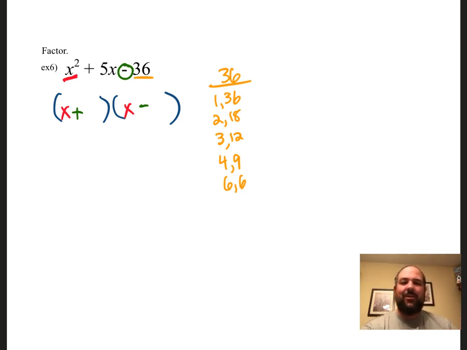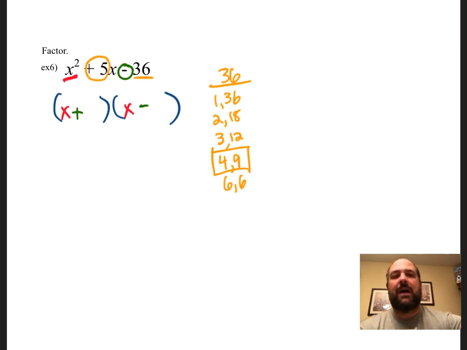The key here is we know they're going to be different signs, and when we basically subtract them, the positive minus the other one, we should end up with positive 5. So the question is, which of these 5 sets can be combined in some way to give us a 5? And you probably said the 4 and the 9 can.